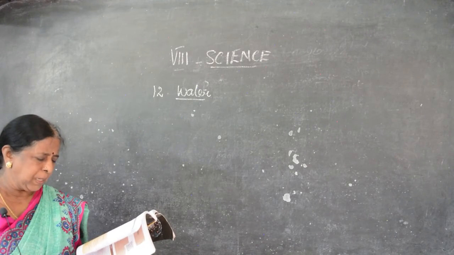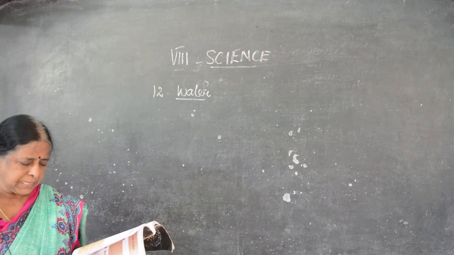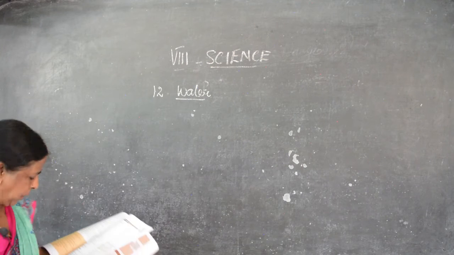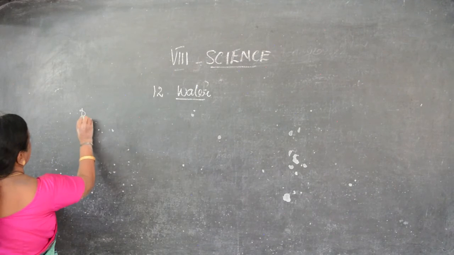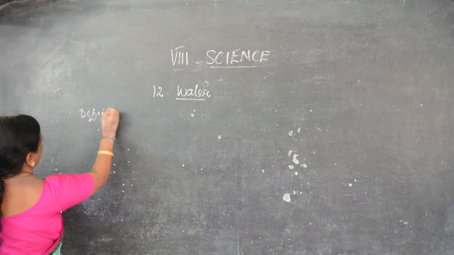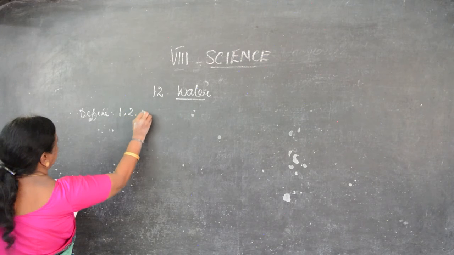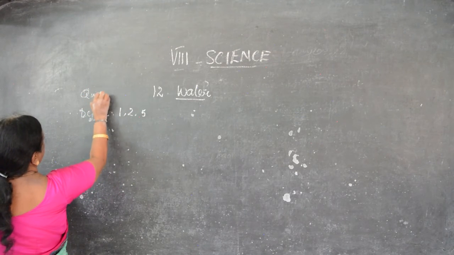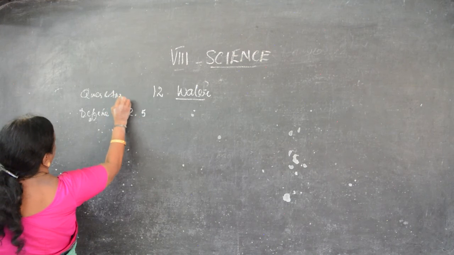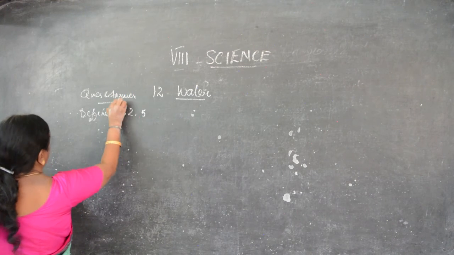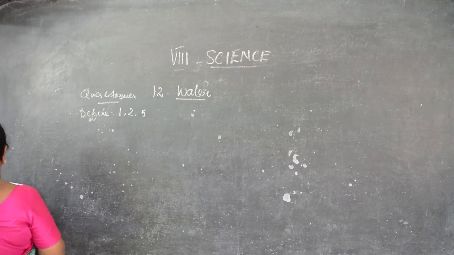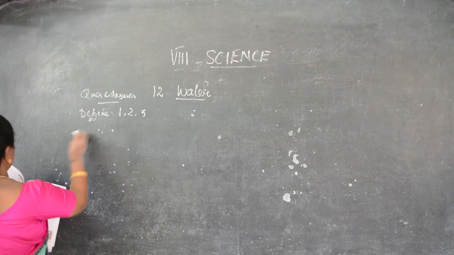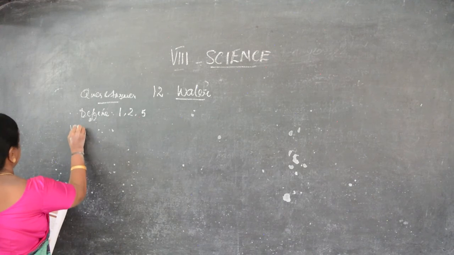Okay, choose the correct answer, fill up, true or false, match, give reason, define only 1 to 5. Define, all the answers 1 to 5. And then answer in brief, that is Roman number 7.